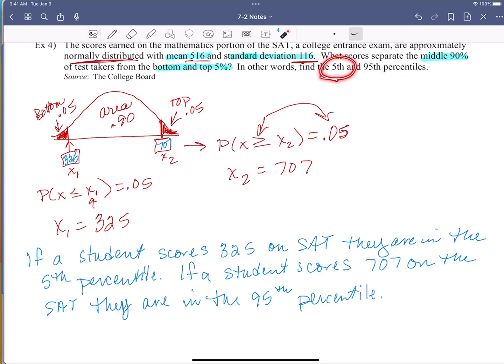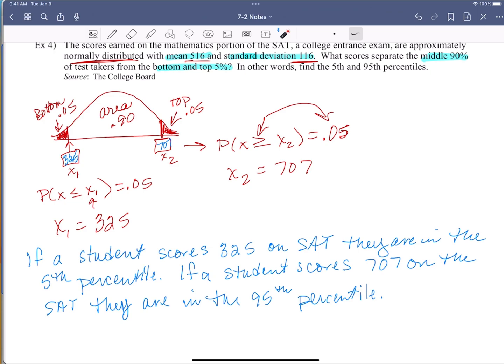The 5th percentile is the bottom 5%. So if you score up to a 325, then you're in the bottom 5%. If you score 707, then right here is the 95th percentile. Higher than that could be even higher on the percentile rank.